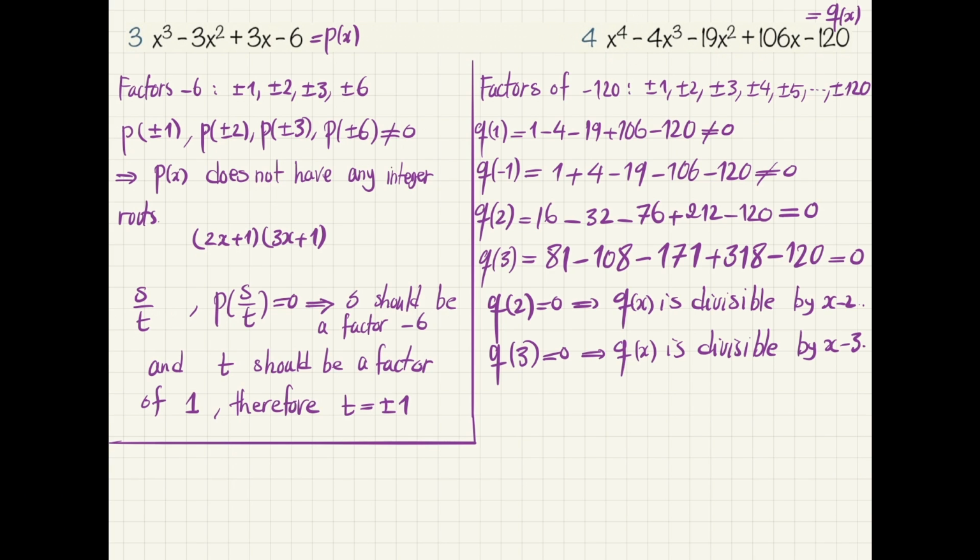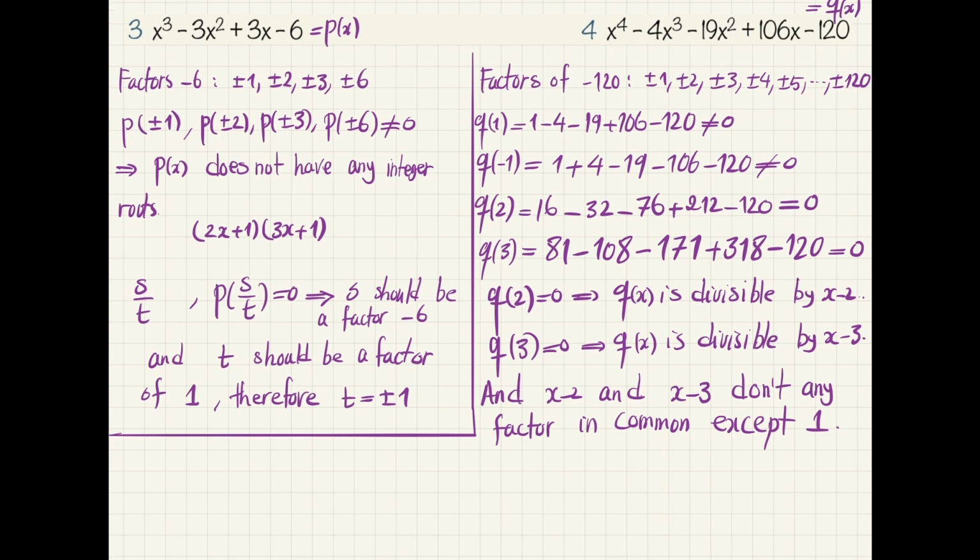Now I know that my polynomial q of x is divisible by x minus 2, and it is also divisible by x minus 3. And x minus 2 and x minus 3 don't have any factor in common, except of course 1.